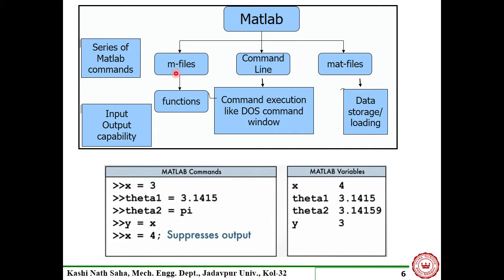So what is an M file? It is basically some MATLAB commands and some other functions. That way we develop a program M file. M files generate a function. These are known as user-defined functions. There are many inbuilt functions within MATLAB, which are library functions.